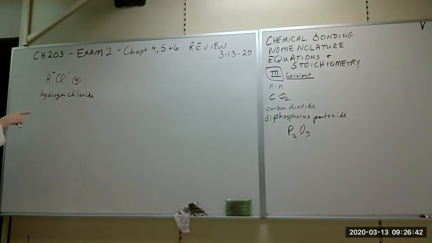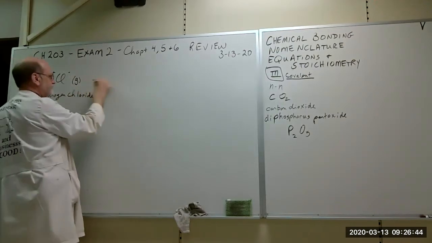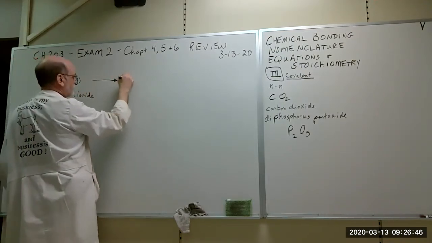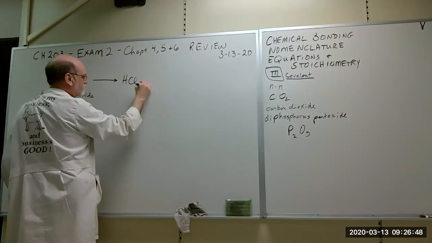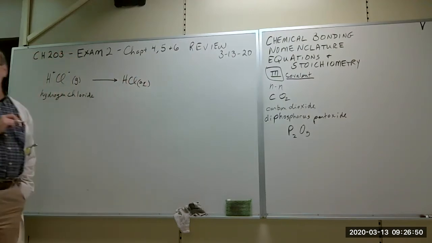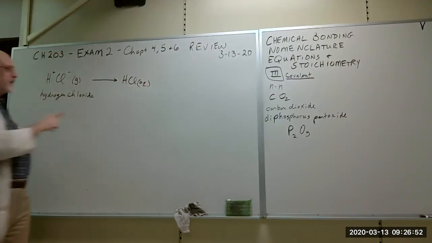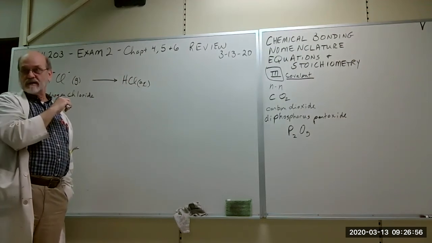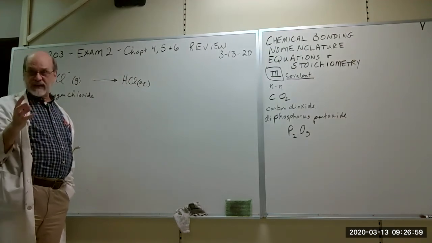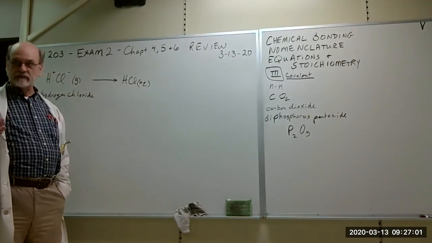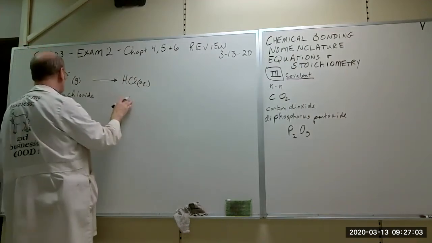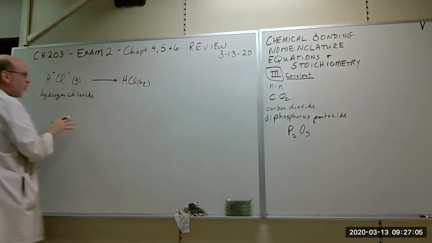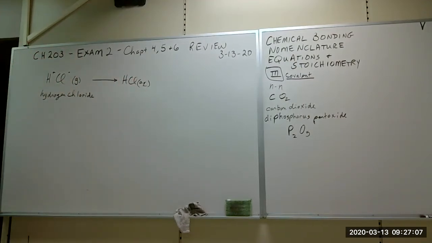But as soon as you put it in water, it becomes an acid. Because when you put it in water, it gives up those protons. And that's what makes the acid, those protons.